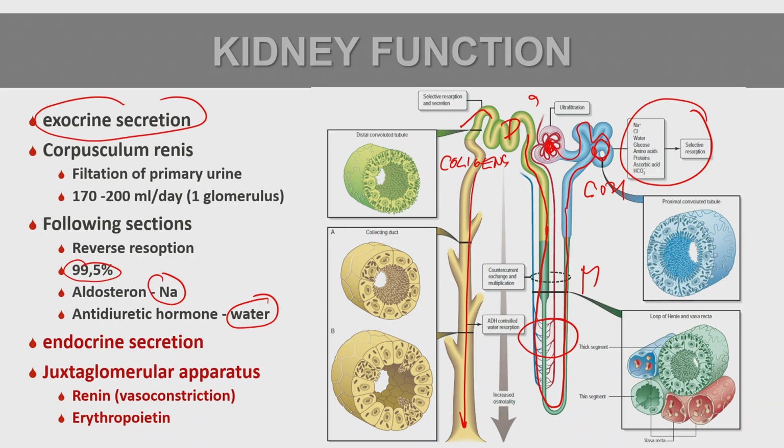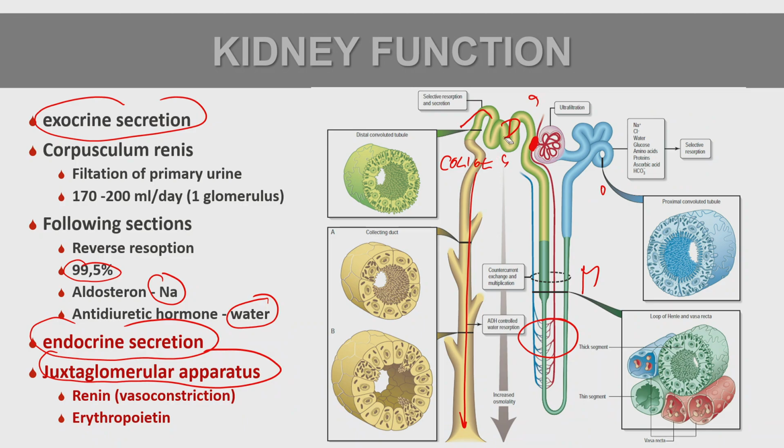Then we also have important endocrine secretion, which is in the juxtaglomerular region. This is a place where we have the production of hormones. They are important. The renin-angiotensin axis guides the proper perfusion pressure.